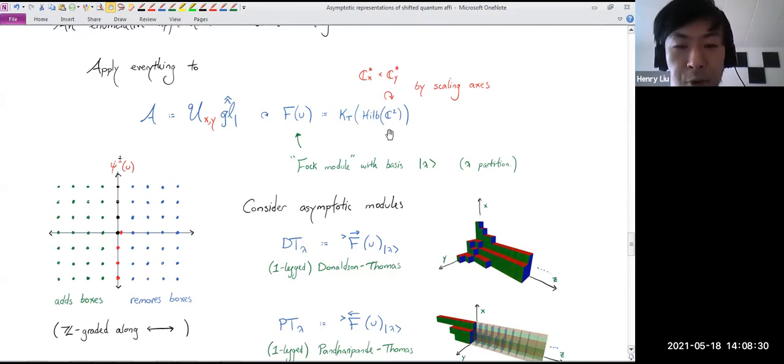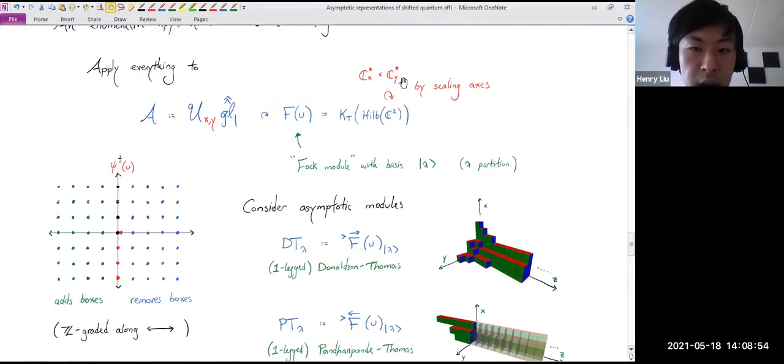C2 has a natural two-dimensional torus acting on it, right? By scaling the X and Y axes. And that lifts to an action on the Hilbert scheme of C2. We'll call those weights X and Y. So what's the Fock module? What's the equivariant K-theory of the Hilbert scheme?